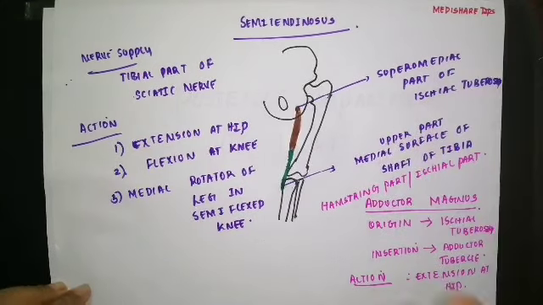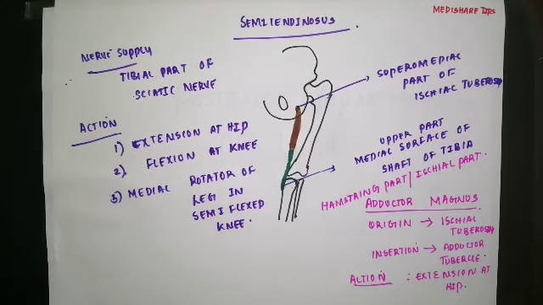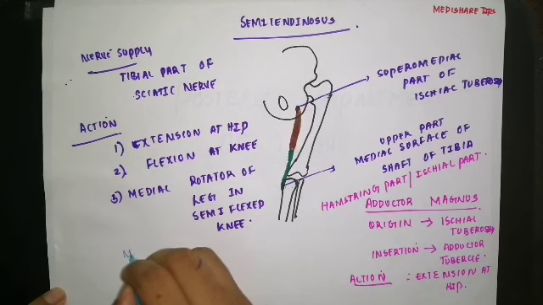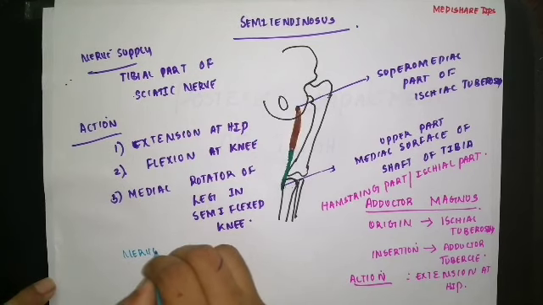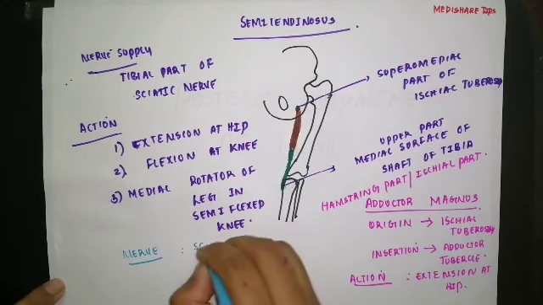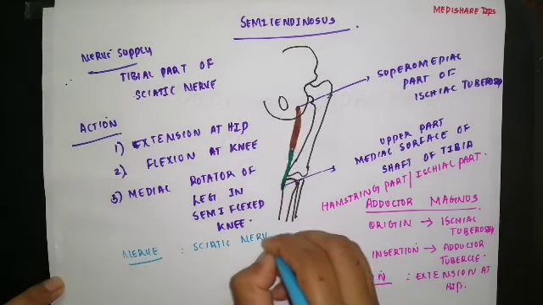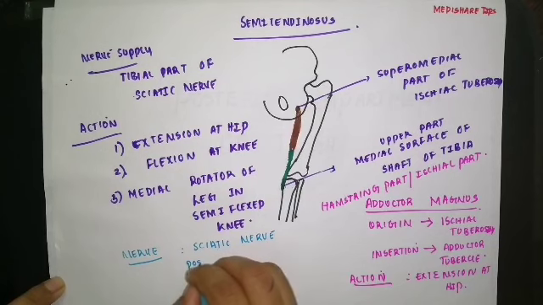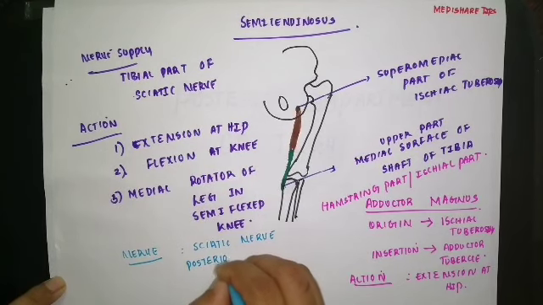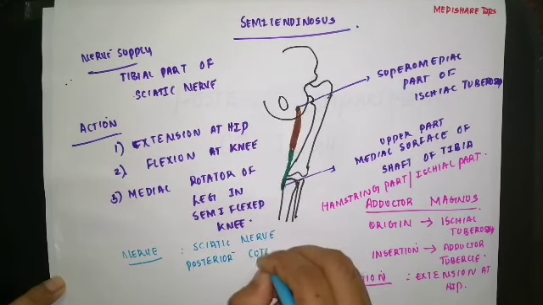Now which other structures are present in the posterior compartment? The nerves: which nerve is present in the posterior compartment of the thigh? It is the sciatic nerve. And which other nerve is present here? It is the posterior cutaneous nerve of thigh.